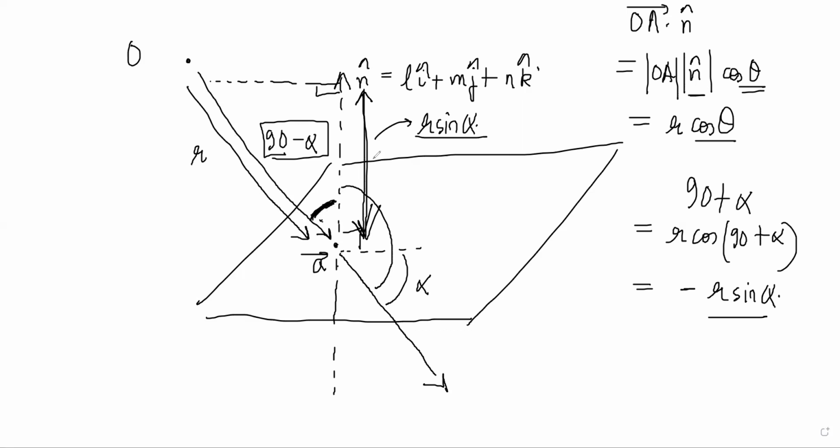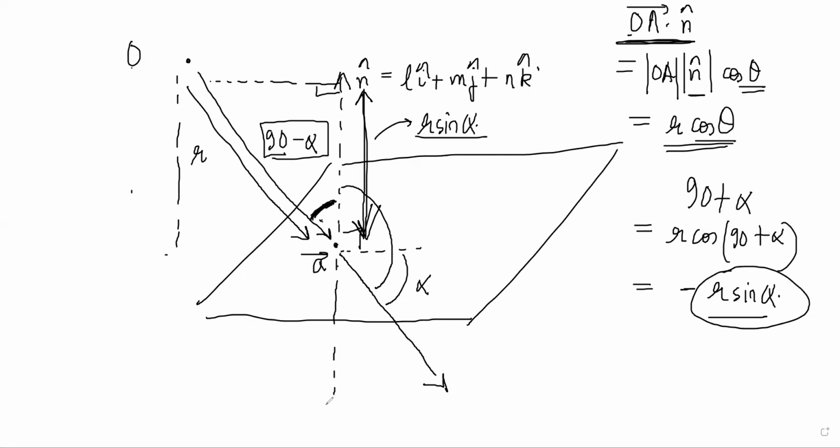Notice that that is the perpendicular from the origin to the plane. So this r sine alpha is becoming the perpendicular distance. If you do the dot product OA dot n cap, you are getting the perpendicular distance from origin to plane. The negative sign is coming because the angle was obtuse.